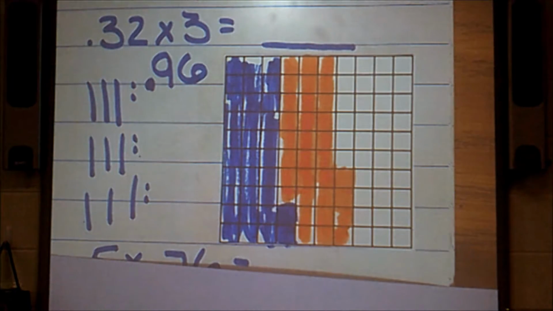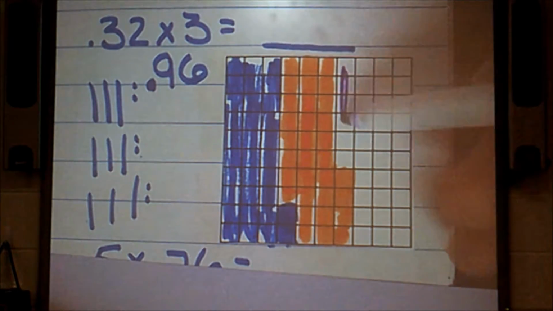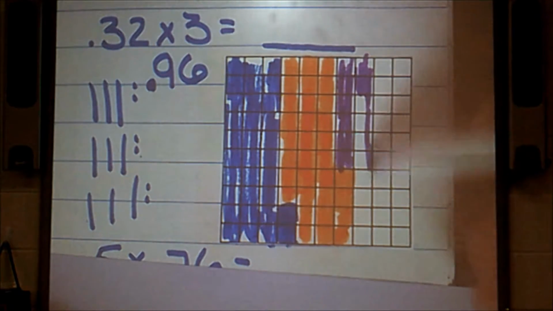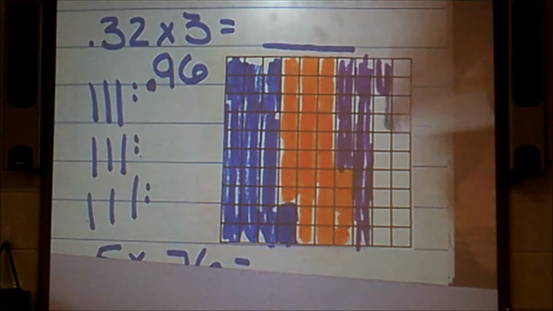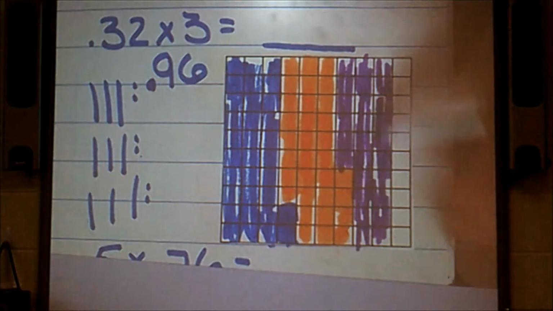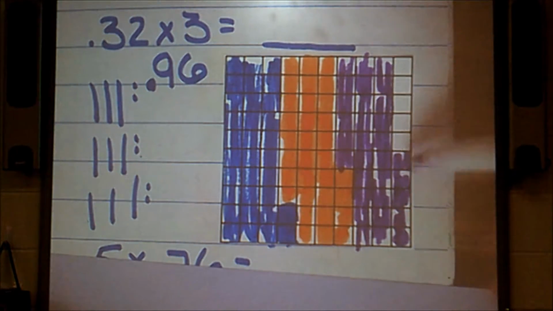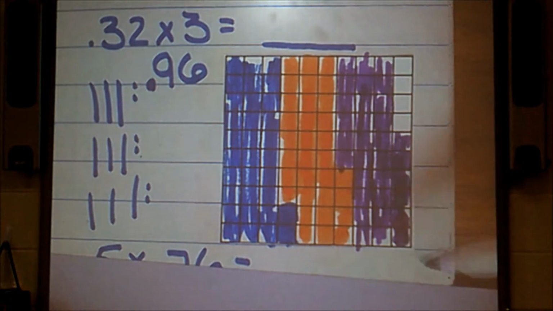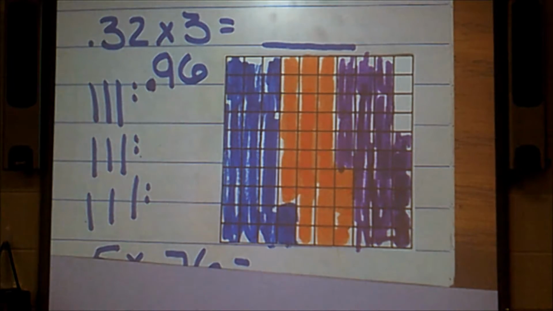Now let's do it a final time, because I only need to do it 3 times on this problem. 1, 2, 3, 4, 5. I know I have 6 here. I counted them all. 6 plus 10 is 16. Plus another 10 is 26. 27, 28, 29, 30, 31, 32. Awesome. So then I'm going to count up how much I have shaded in.